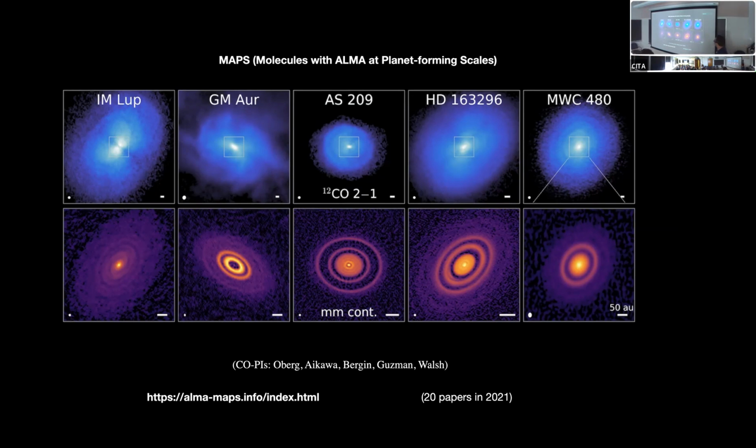Yeah. And also notice that these are actually 2 different size scales. So the disk and the gas are actually way more extended. The dust tends to concentrate due to dust migration.